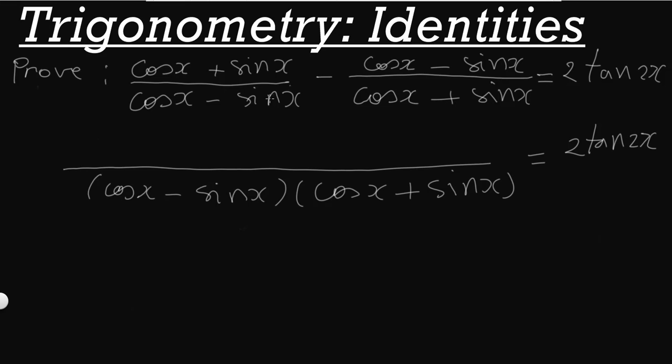What will happen now to the numerator? What is simple when you're doing the common denominator? Just cross multiply.